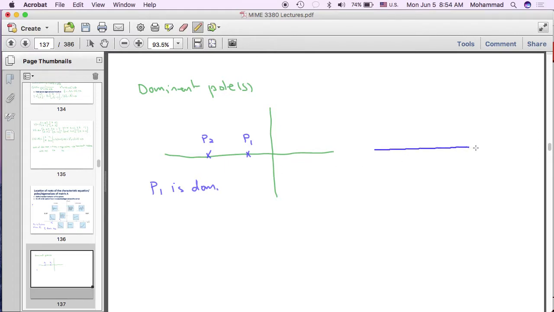So here is our complex plane again. Let's say we have one pair of complex conjugates here and another pair of complex conjugates here. This is pair 1, and this is pair 2. Now which one is going to be the dominant pair?